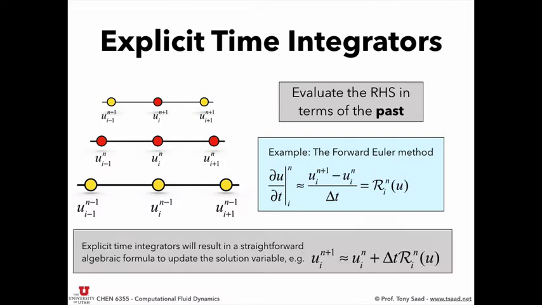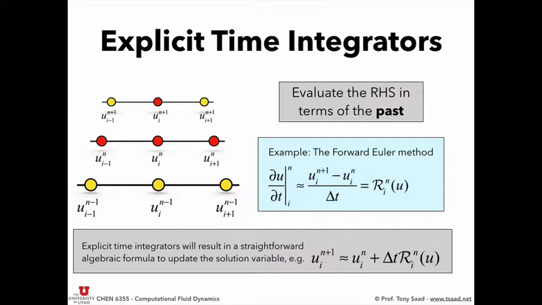So what does that mean? That means for explicit integrators, if you solve for un plus 1, you're going to get an algebraic relation at every point in space that just tells you un plus 1 equals something about un. And then you move to the next point, and to the next point, and to the next point. You don't use anything from the future.